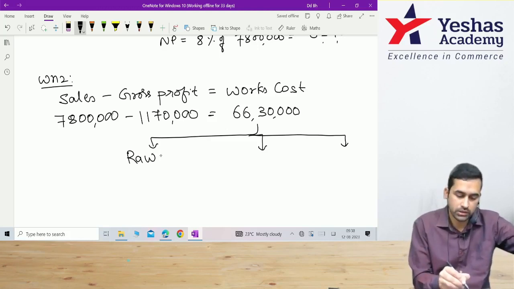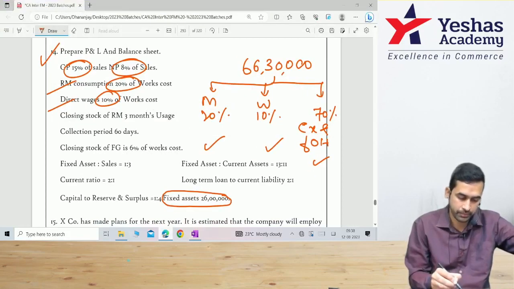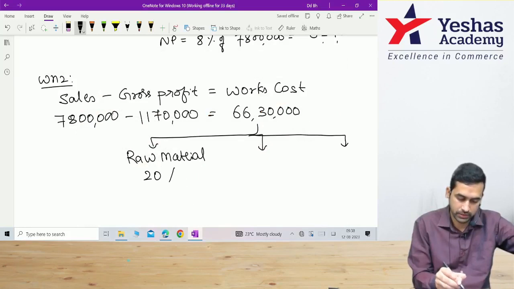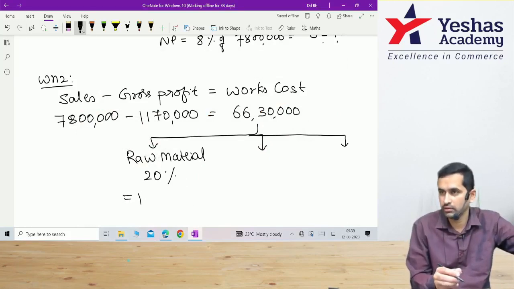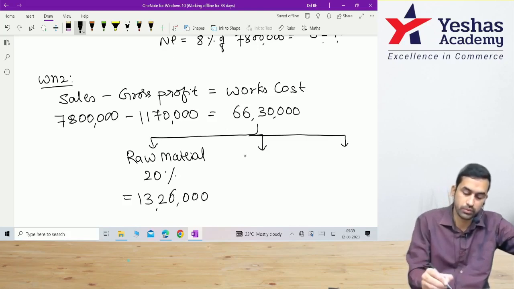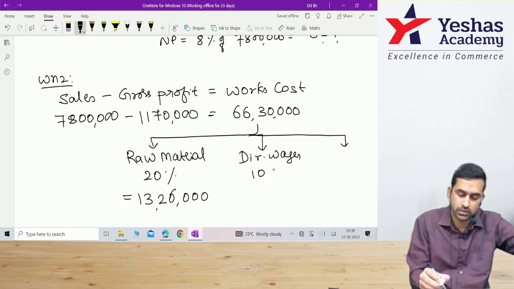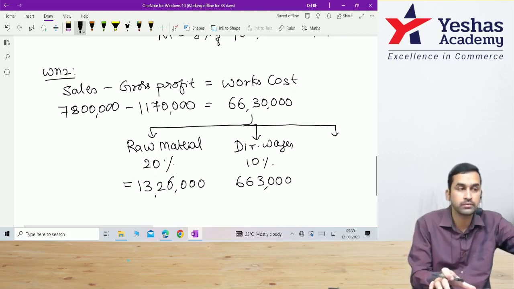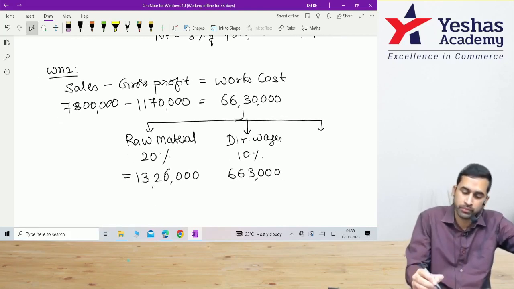Raw material cost, they have given in the adjustment that it is 20%. Anybody? 13,26,000. Direct wage cost is 10%, 6,63,000.